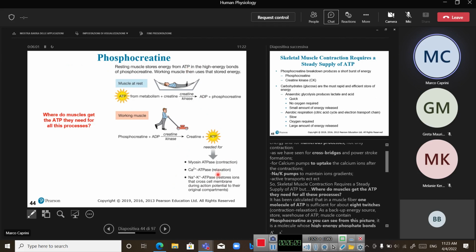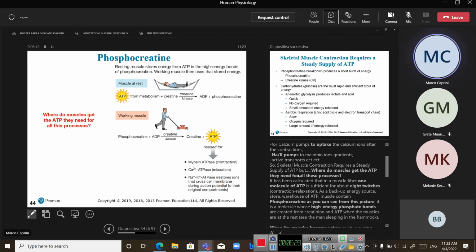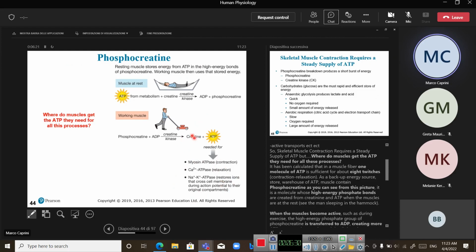But where do muscles get the ATP they need for all these processes? Not only for the contraction, but all these processes that happen in the skeletal muscle. And remember that it has been calculated that in the muscle fiber, 1 molecule of ATP is sufficient for about 8 twitches.